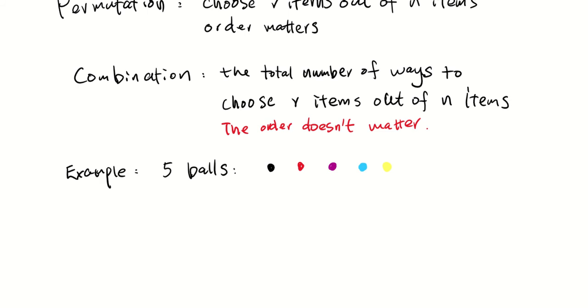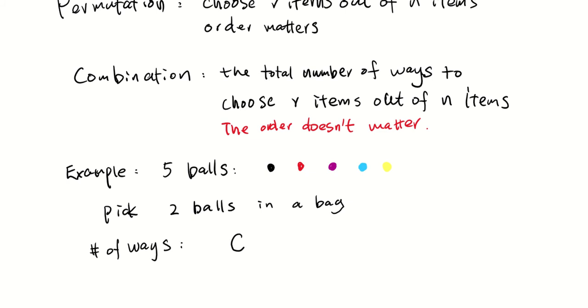For example, again, we have 5 balls of different colors, and we want to pick 2 of them and put them in a bag. In this case, the order does not matter. The total number of ways is the combination of choosing 2 out of 5. We write it in this way.